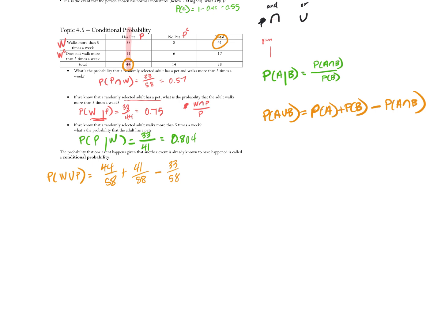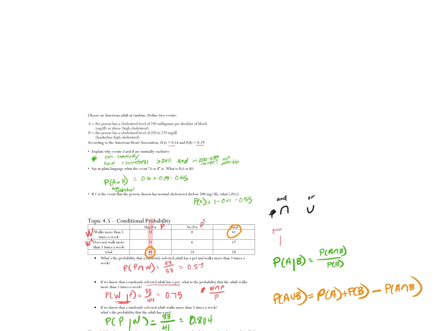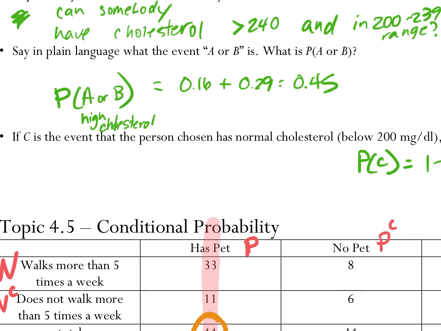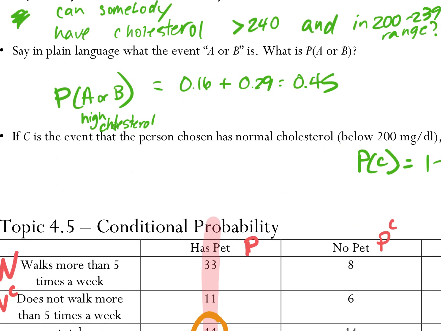All right, now up top, we did the probability of A or B and we just added the 2 probabilities. We didn't subtract anything. Why didn't we subtract anything here? Nothing overlapped. Yeah, those 2 events, having the super high cholesterol and having the borderline high cholesterol, were mutually exclusive from each other.